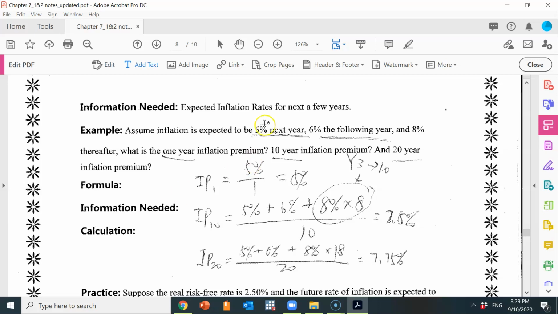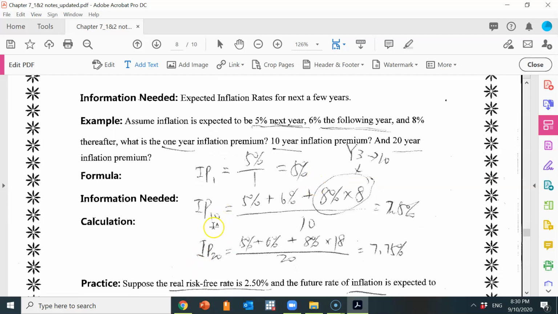In this example, the inflation rate is 5% for the first year, 6% for the second year, and 8% for the third year and all the years afterwards. If we want the 1-year inflation premium, it is just the 5% inflation rate for the first year divided by 1, which is 5%.